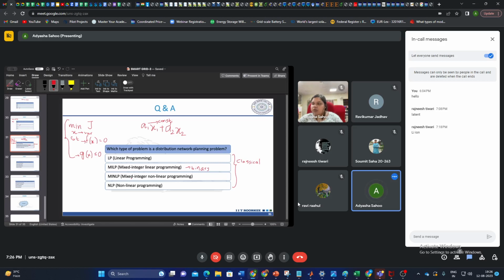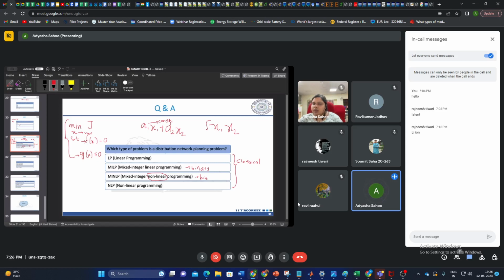In case of mixed integer non-linear programming, what we mean is that we obviously have binaries plus we have non-linear equations. What we mean by non-linear equations is that we'll have terms like x1 x2, like multiplication of variables, or division or power.